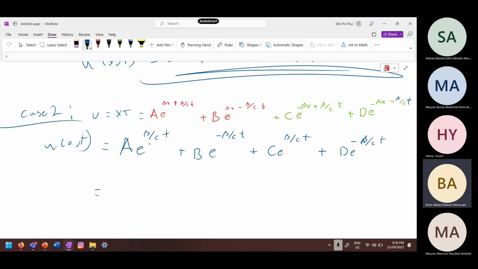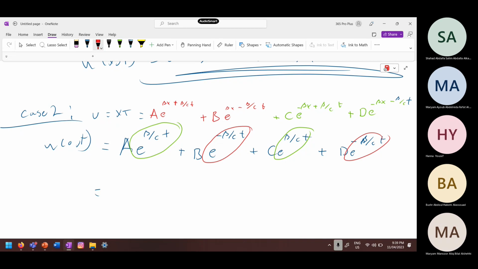You can simplify this since we have the same e with its exponent and two constants. So just get the common number or common anything.